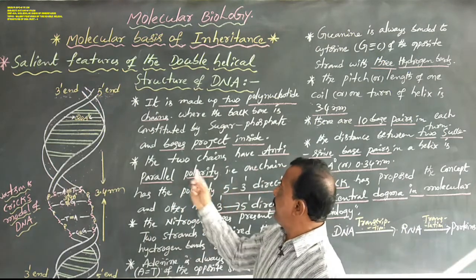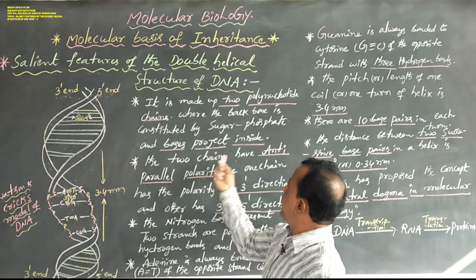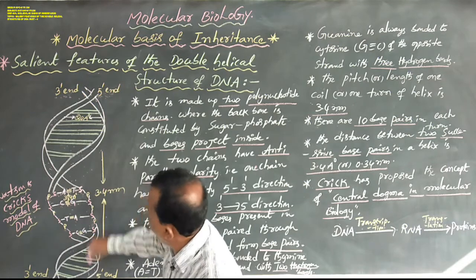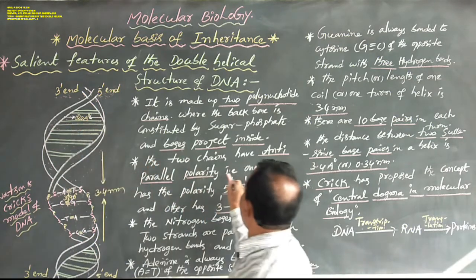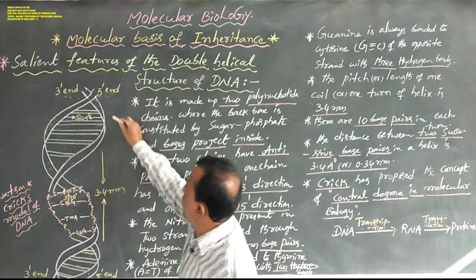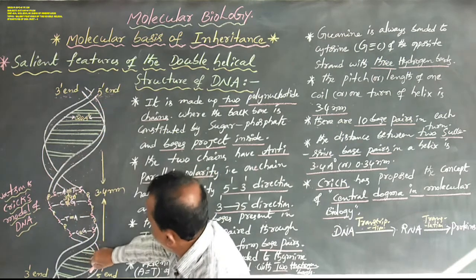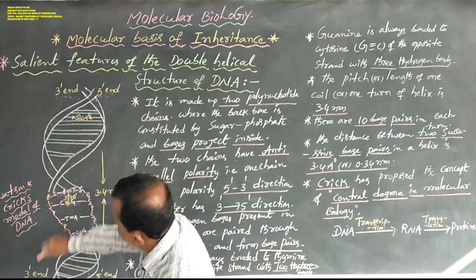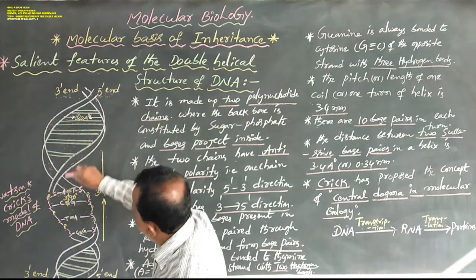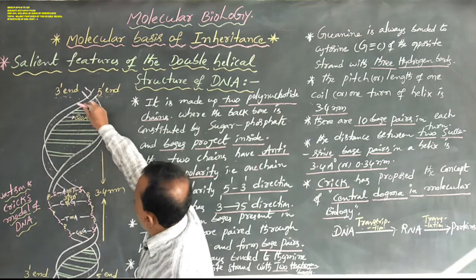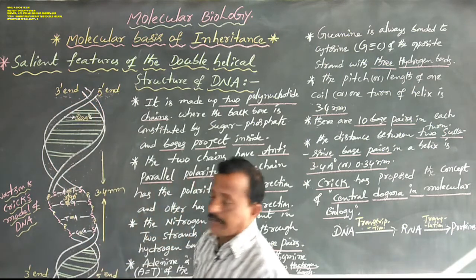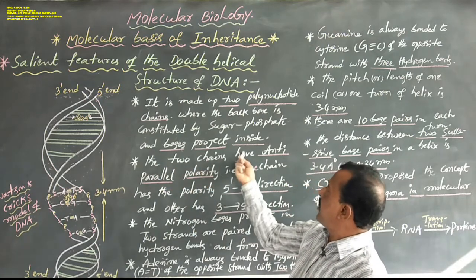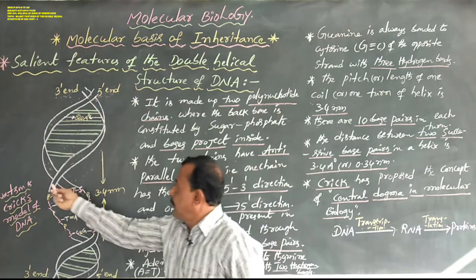Next, coming to the two polynucleotide chains, they have anti-parallel polarity.